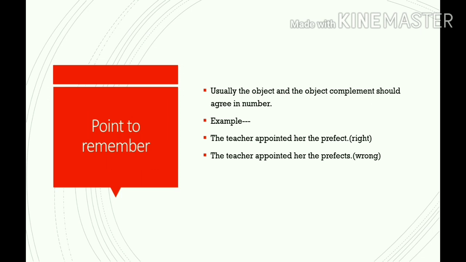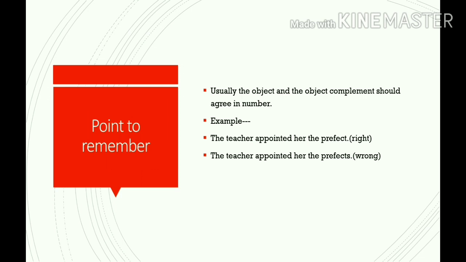Now see here in this example, the teacher appointed her the prefect. In this sentence, her is the direct object and the prefect is the complement for this. And this complement is in singular form because the object is also in singular form. So this sentence is right.